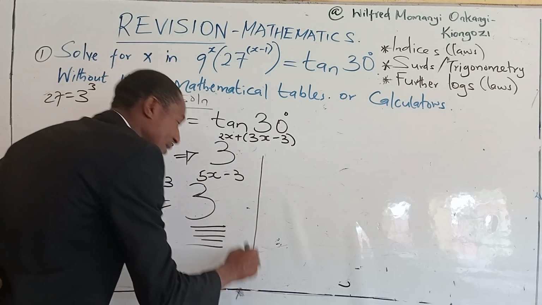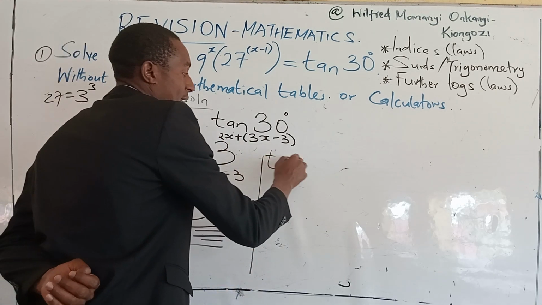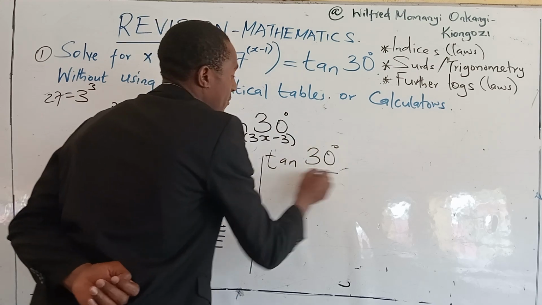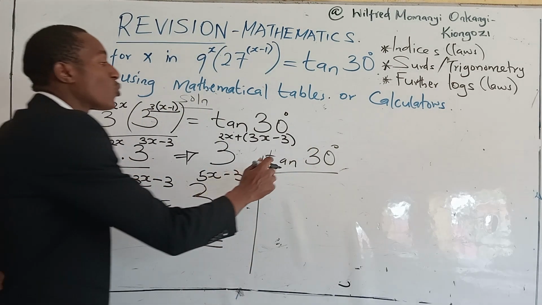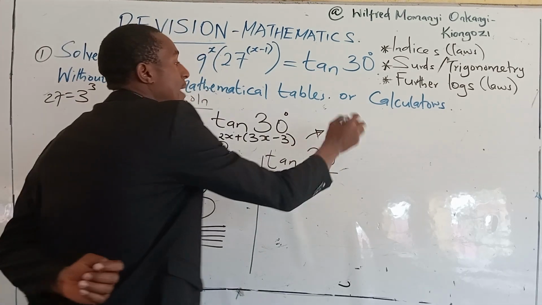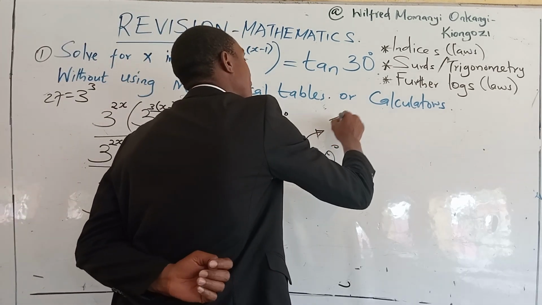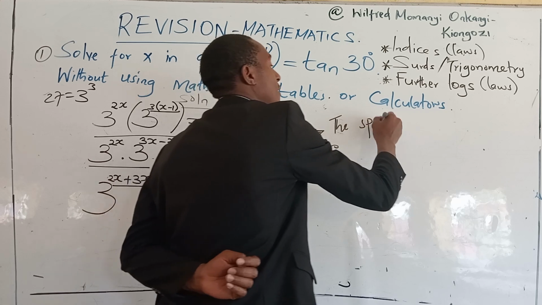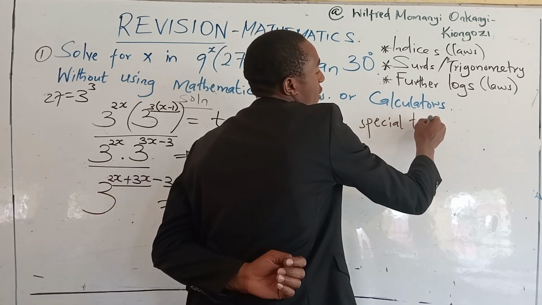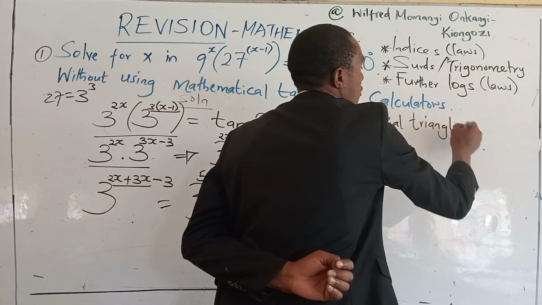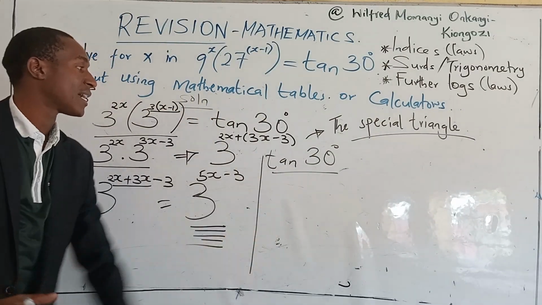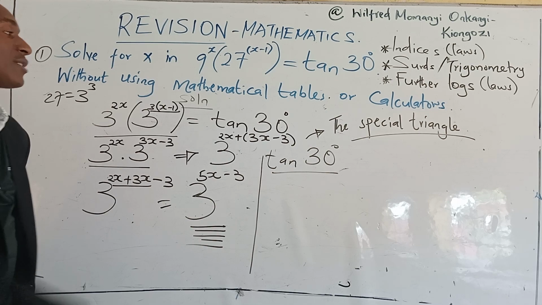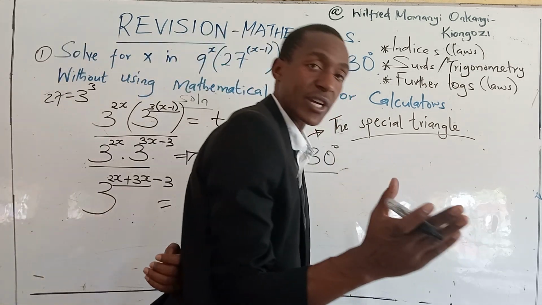And in this case, tan 30 should give us some surd or some value, and we use what we call the special triangle. We use the special triangle as a method of getting tan 30. We have 2 special triangles.